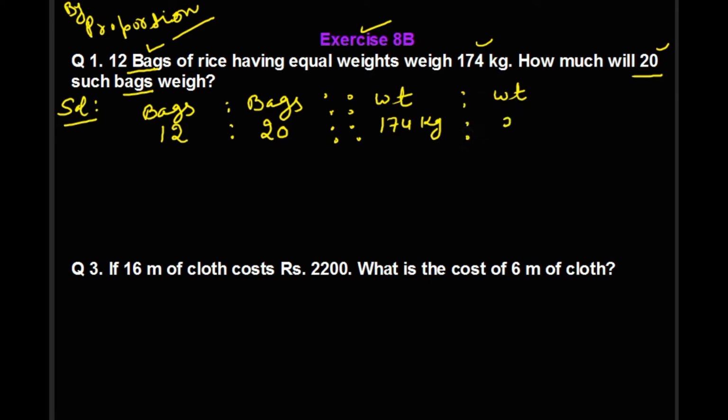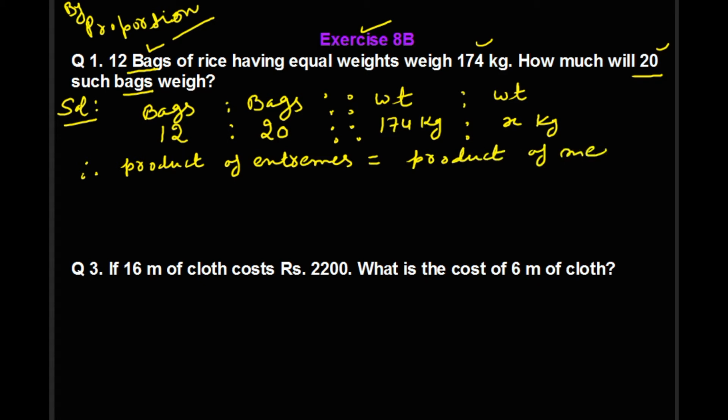We will put proportion here, and the thing that we have to find, we will assume it as x kg. Therefore, product of extremes is equal to product of means.